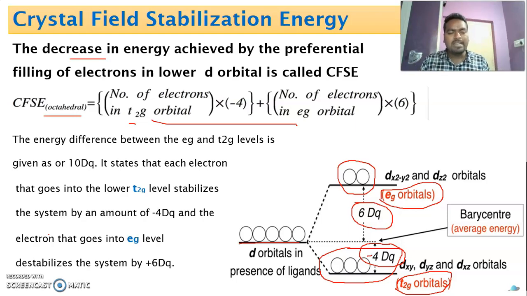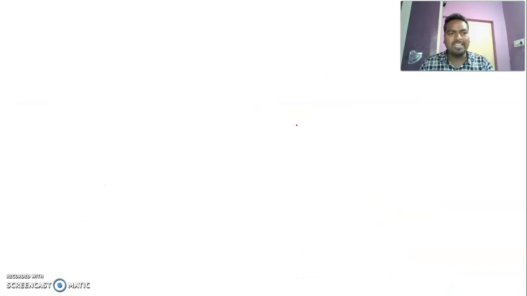But the weak ligand does not disturb the distribution of electrons in the various atomic orbitals; it follows Hund's rule. So two important things you must remember and identify just by looking at the complex in order to calculate crystal field stabilization energy: one is the electronic configuration of the central metal atom and second is the nature of the ligand. Now let us calculate crystal field stabilization energy of various d systems.